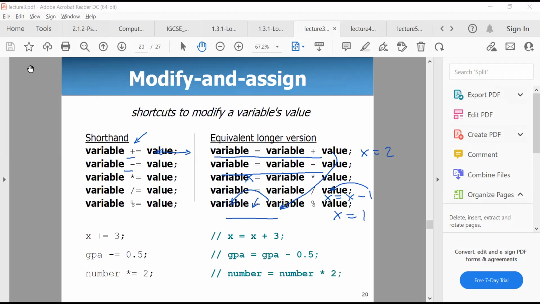So actually the same we have done with the plus and minus, we are also able to do with the modulus, division and multiplication. So you see here, we are able to use a shorthand in this way. When you use that it is slightly different, right?